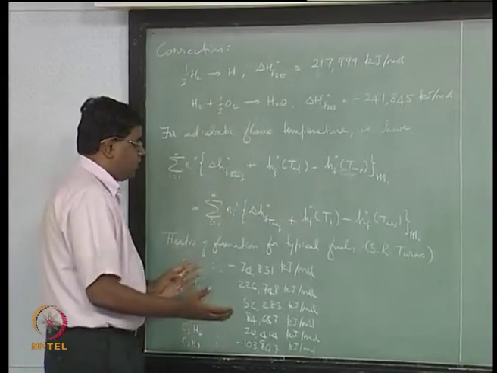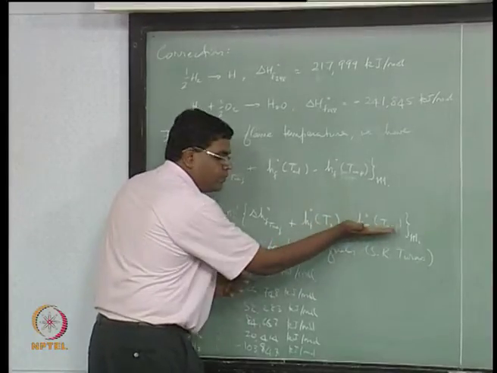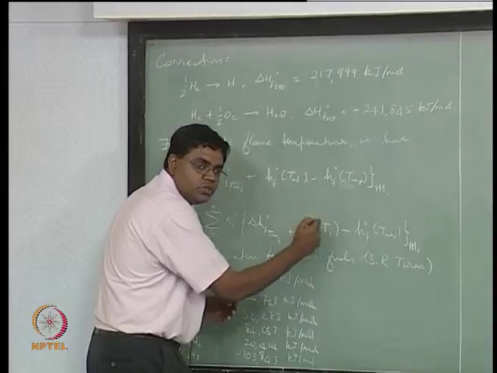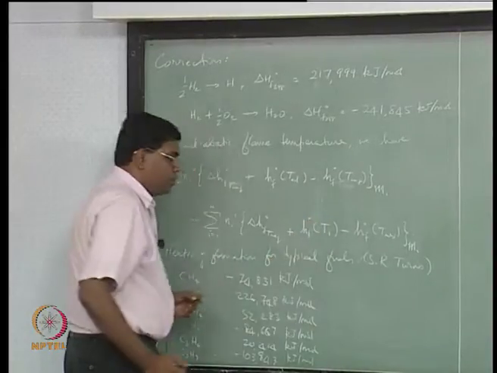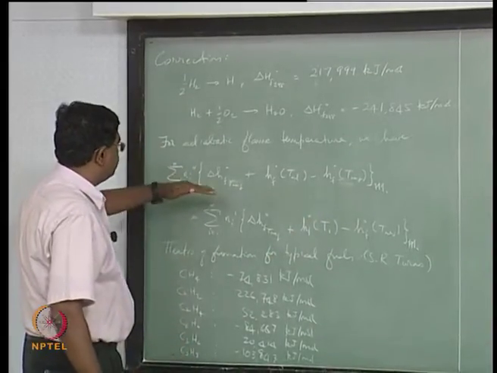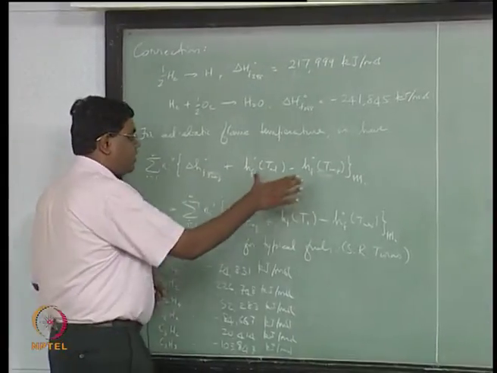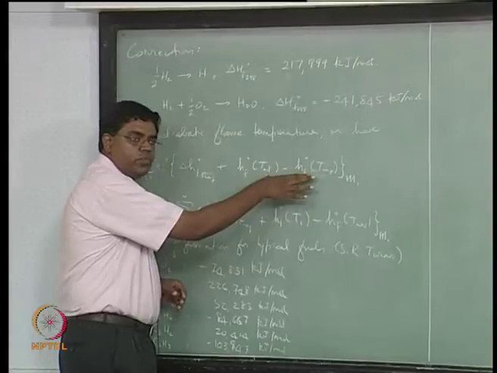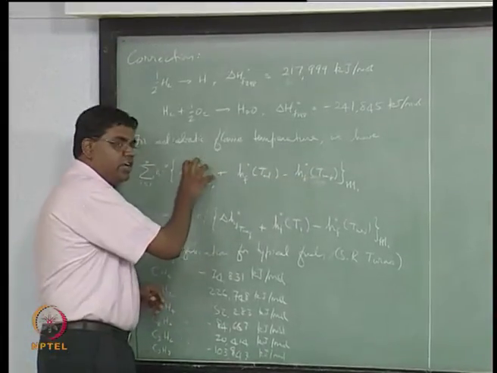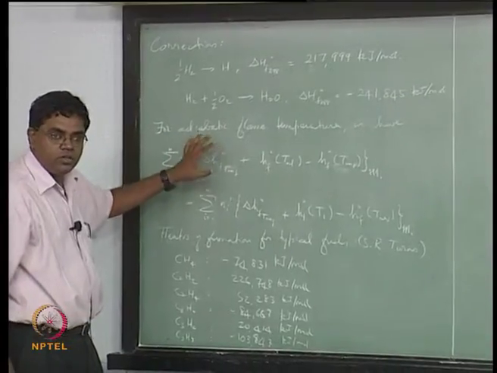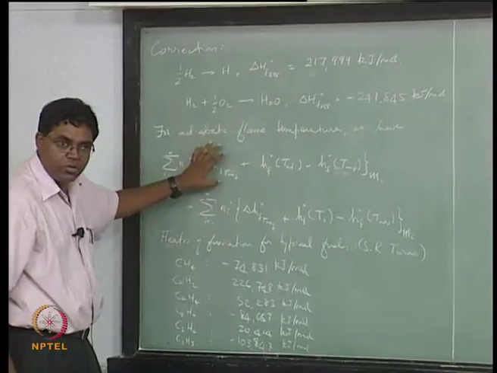So effectively the sensible enthalpy of the fuel is going to be low because the initial temperature is low. If you want to have a high value for this, that means you want a high sensible enthalpy for the products, which means we want a high negative value of the standard heats of formation for the products.